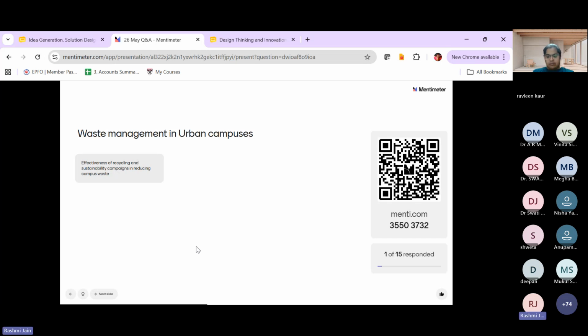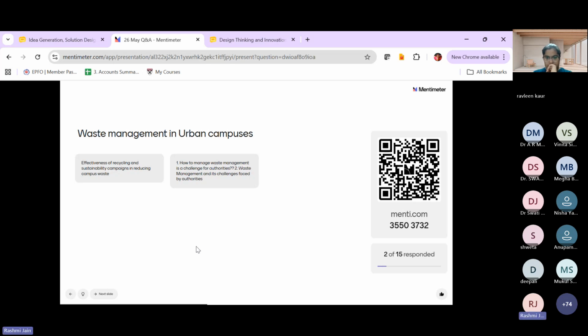You can add the persona here, maybe student campaigns or faculty campaigns. So you can write it as: effectiveness of recycling and sustainability campaigns by students or teachers in reducing campus waste. It will define your audience, but this is a good one.